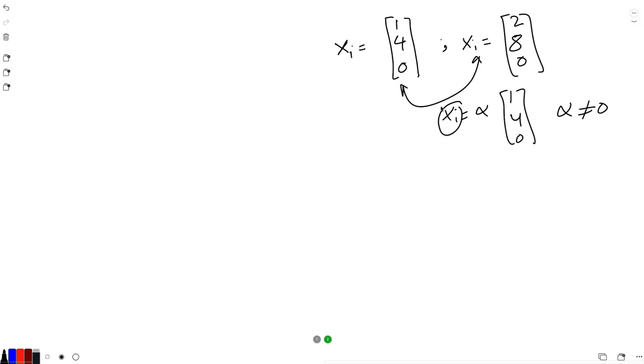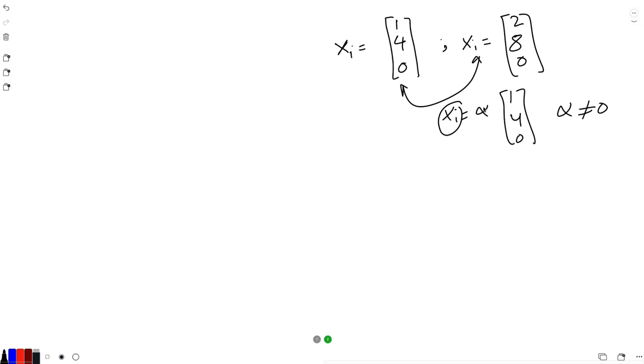So the eigenvector will not change by changing the elements, but you have to keep the same relation: the second element is 4 times the first one, and the third element is 0. So it doesn't matter, you can have any alpha.